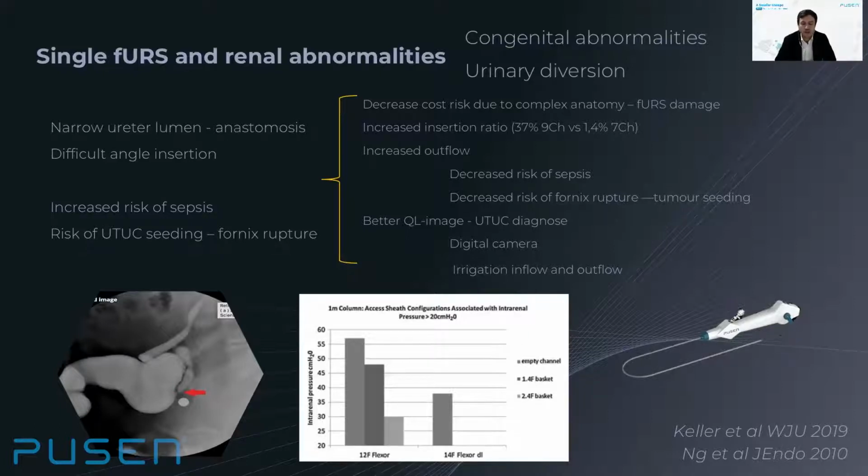So a single-use flexible scope will be an ideal scope when treating patients with renal abnormalities due to the increased risk of critical damage of the scope, but a smaller diameter will be desirable for increasing the ureteral insertion ratio, which is known to be better in thinner scopes. We also need an improvement in the irrigation outflow, and it can be achieved with a reduction of the diameter of the scope, because it reduces intrarenal pressure, and as we have already said, it decreases the risk of sepsis and tumor seeding.